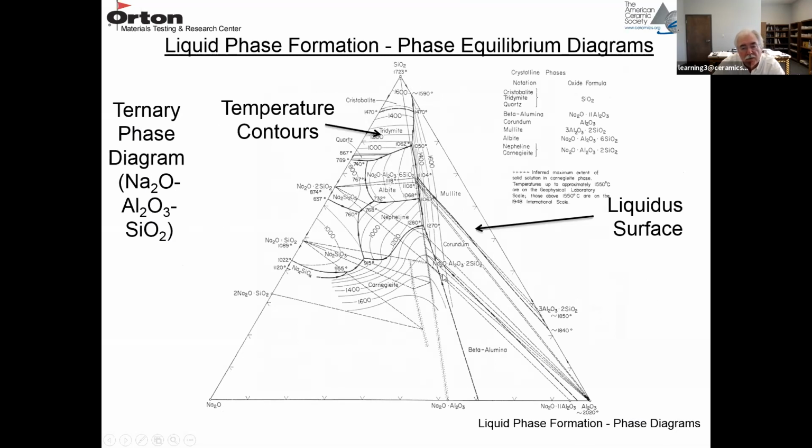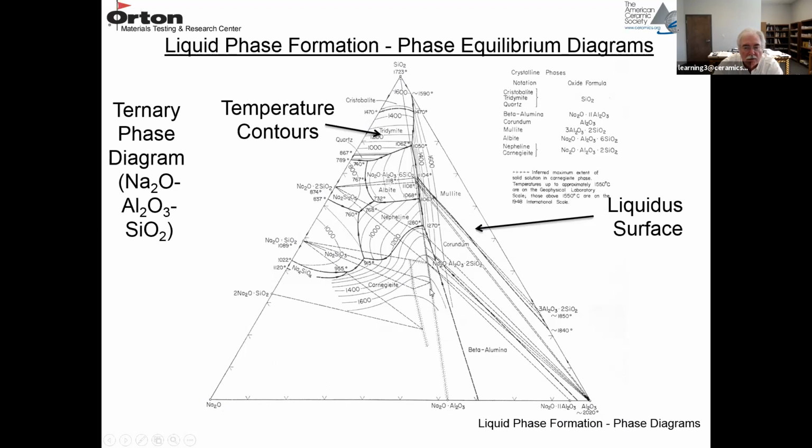And what you see here is you're looking down on temperature contours on the liquidus surface. And actually, each side of this phase diagram is a binary. This would be the binary between SiO2 and Al2O3. This is the binary between Al2O3 and Na2O. And this side is the binary between Na2O and SiO2.